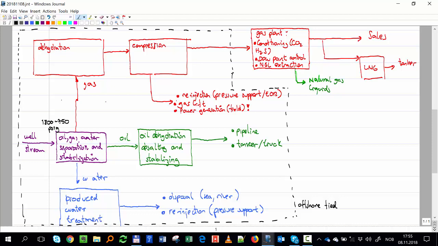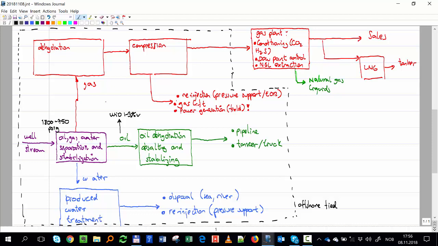So the oil that comes from here typically has water in oil of 1 to 3% in volume.